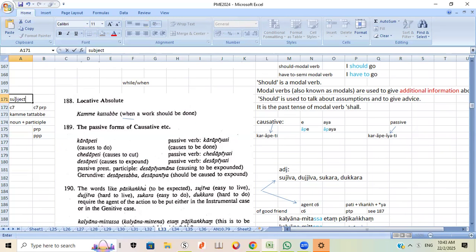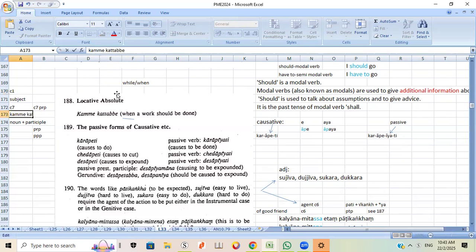The moment you put when, this becomes a subject. That means locative becomes subject, which is this one, the moment you apply when and while. And then this one is still retained. That means this becomes the verb already, because the verb here is... I typed wrongly.